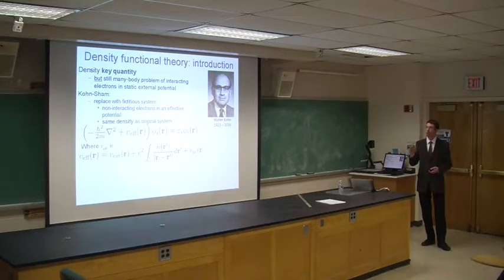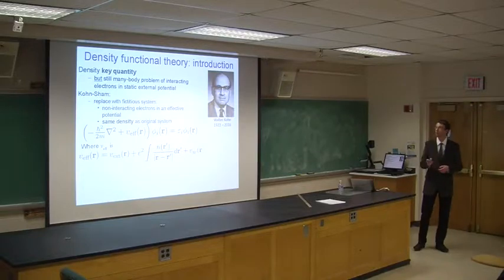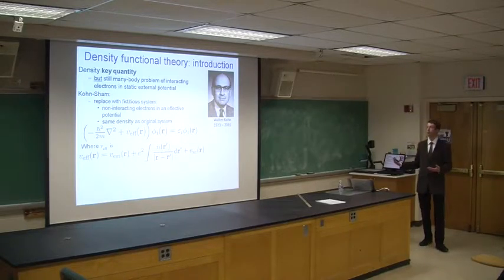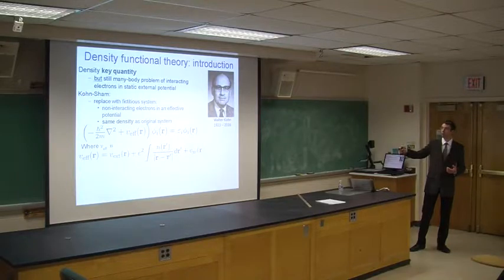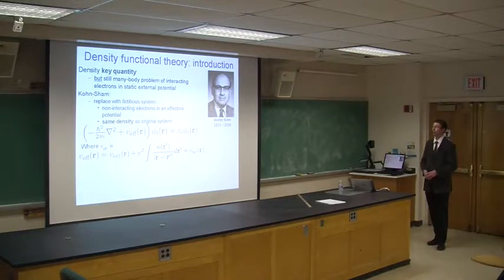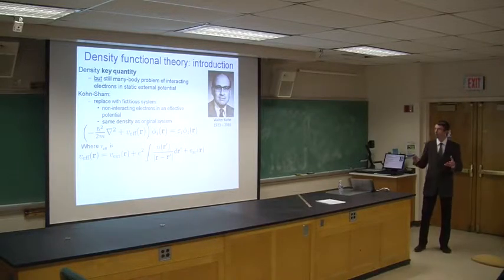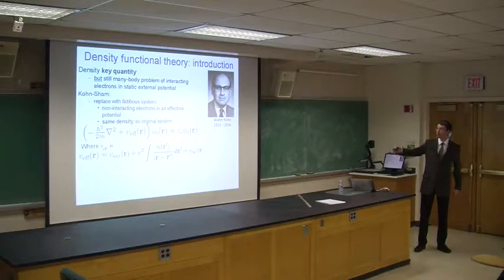But the key consideration is that you need to make sure this fictitious system has the same density as your original system. Once that's true, once you solve for the non-interacting electrons with the same density, you can still recover all of your properties. What you need to do is solve these Kohn-Sham equations, which I'm giving here. So now you're solving for non-interacting electrons moving in an effective potential.